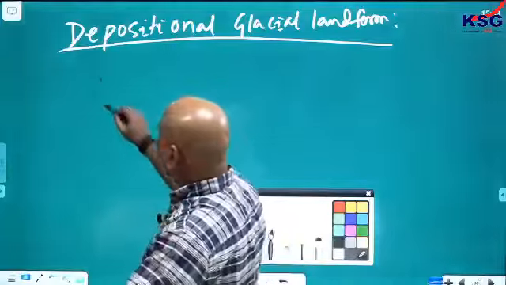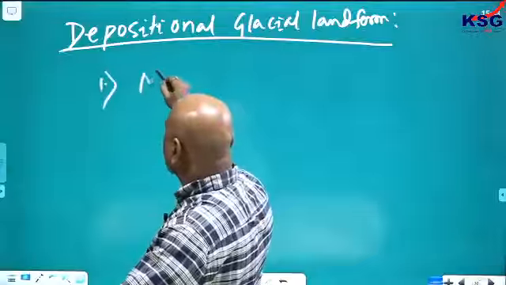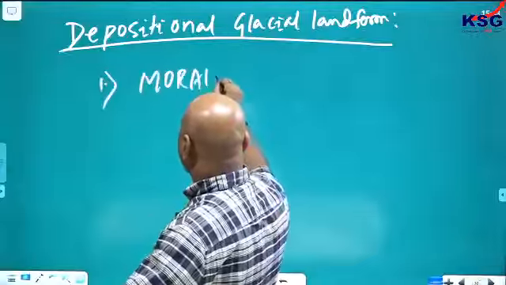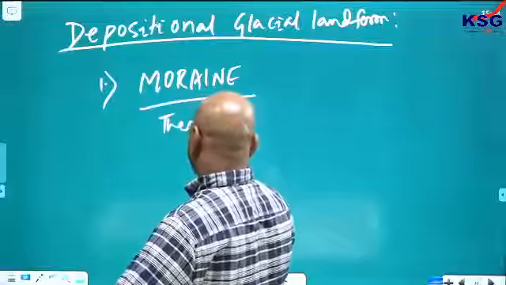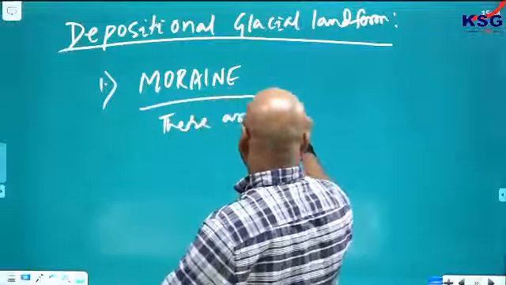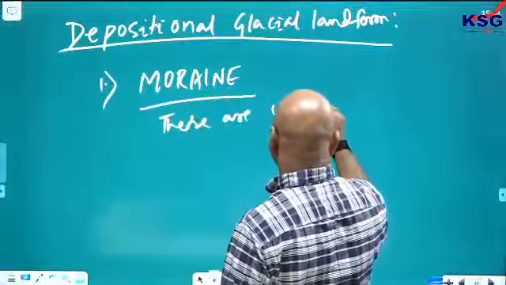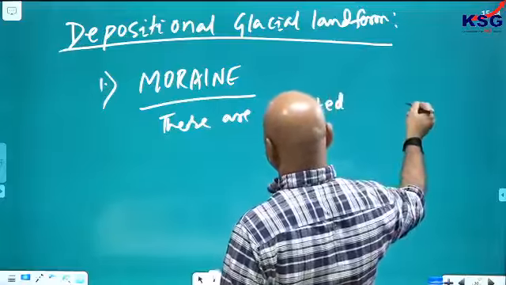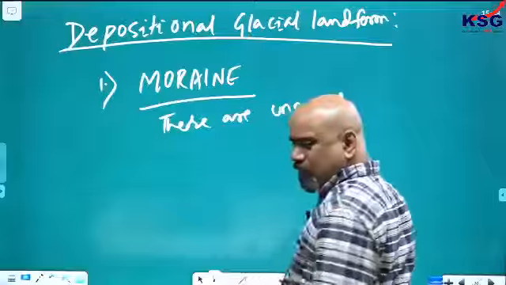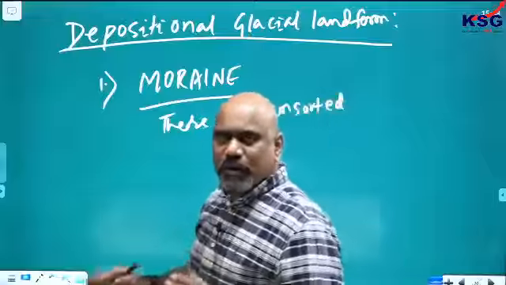Among the depositional landforms, the first one is moraine. These are unsorted materials. What does that mean? There is no sorting of particles.